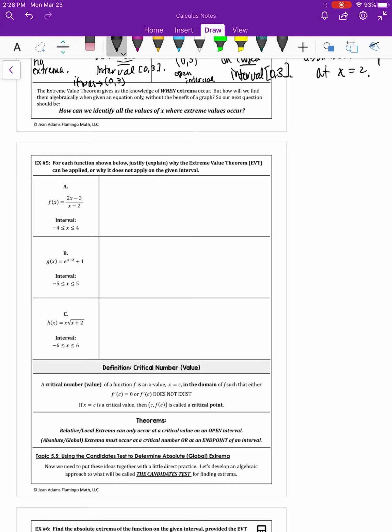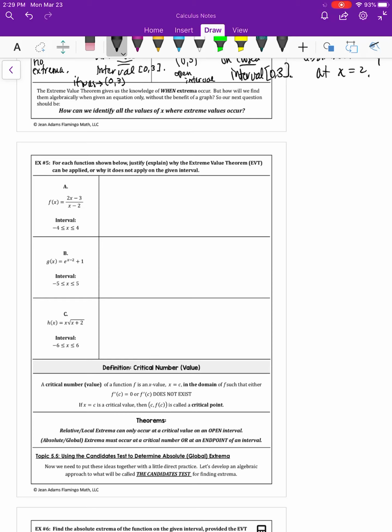And that's when we will start looking at what we know about functions that we learned in pre-calc, and also using our derivative and how that derivative is going to help us. So for each function shown below, justify why the extreme value theorem can be applied or why it does not apply on the given interval.